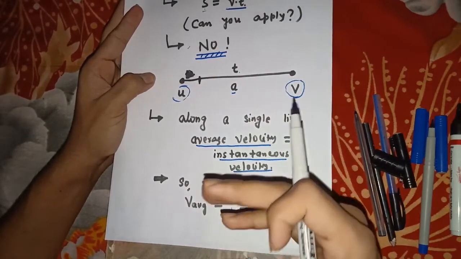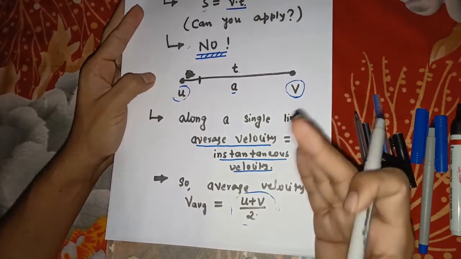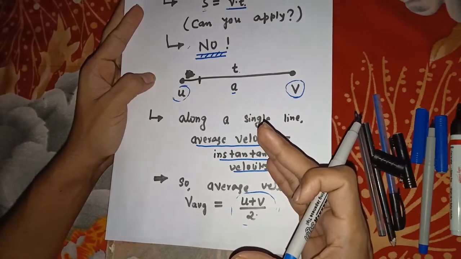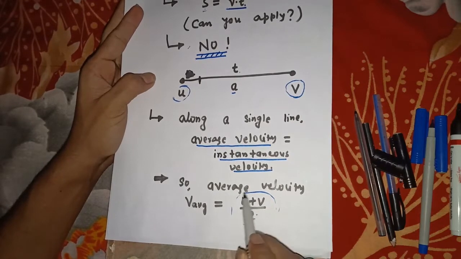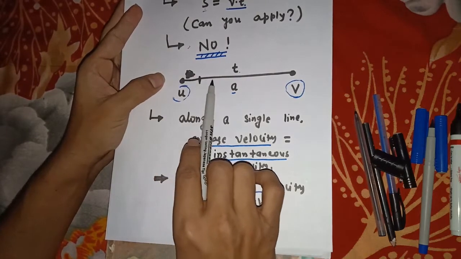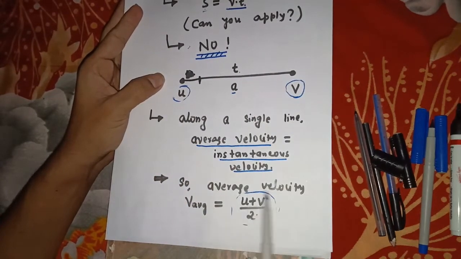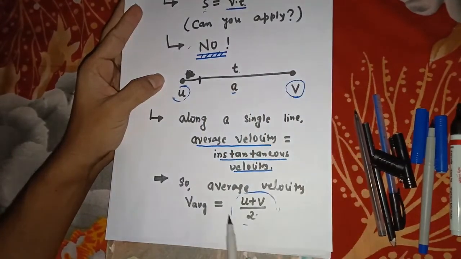Because for every problem there are many processes to get the same result. So by averaging, I have got a single velocity, which symbolizes that at every instant the body keeps this velocity. So we can say this non-uniform motion becomes uniform motion with this velocity, because now the velocity is constant.